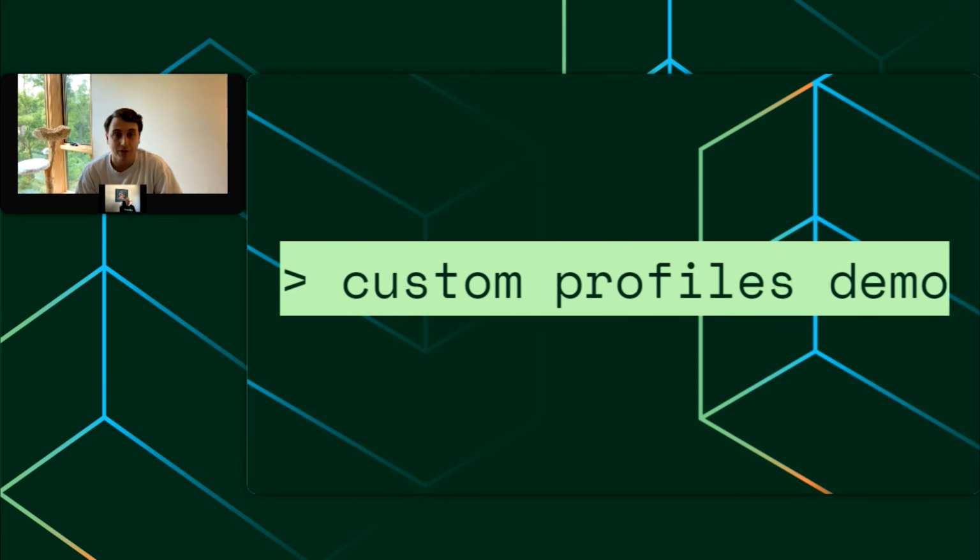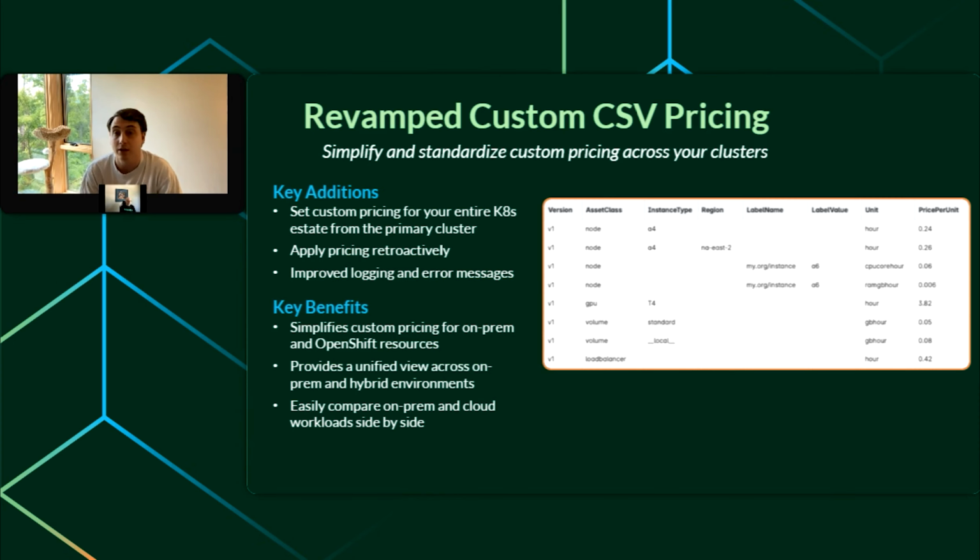But another one of the big features we just released just last week as part of Kubecost 2.8 is revamped custom CSV pricing. As I mentioned at the top, a lot of our users leverage Kubecost to pull together the Kubernetes cost from EKS, AKS, as well as their on-prem or OpenShift self-managed clusters.